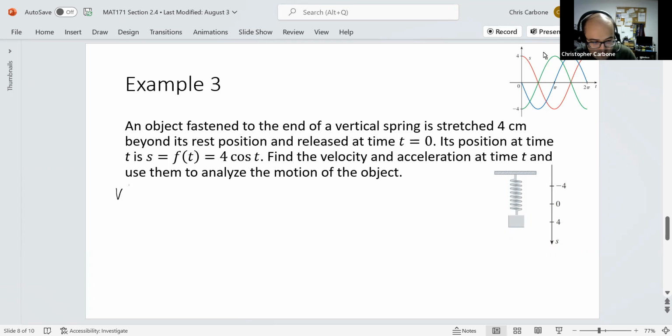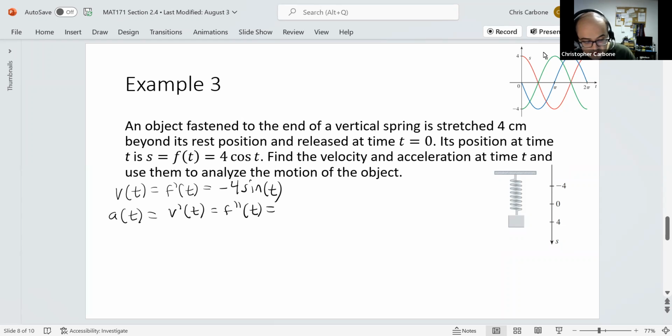So the velocity will just be that first derivative of f, so negative 4 times the sine of t. And the acceleration would be the first derivative of the velocity, or the second derivative of our original function.